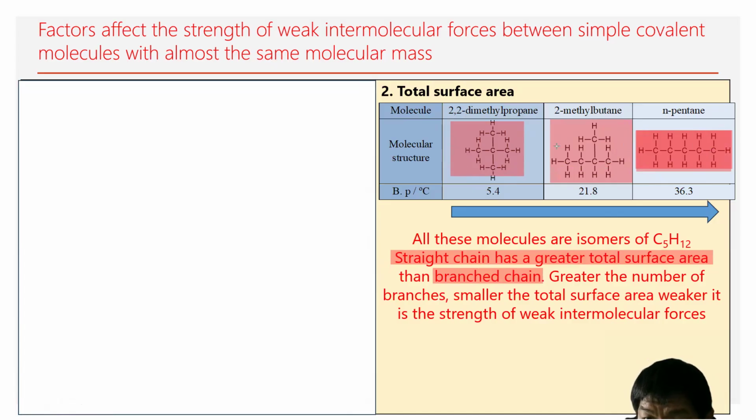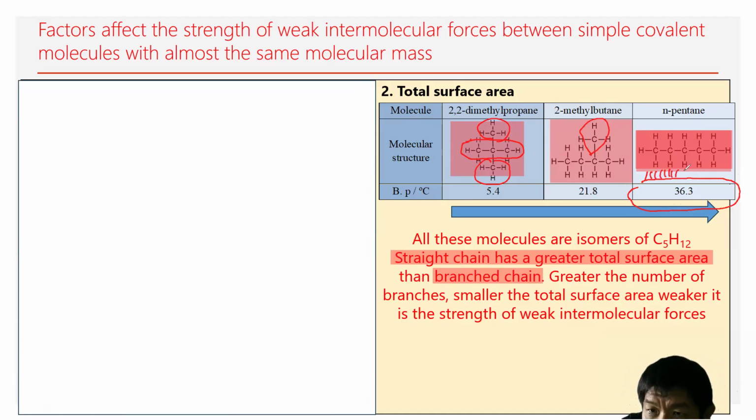But if you see 2-methylbutane, you have a branch over here, which is the methyl branch on the parent chain. And for 2,2-dimethylpropane, this is the parent chain and these are the branches. So as you can see, the more branches, the smaller the total surface area. Can you imagine an n-pentane interacting with another n-pentane molecule?